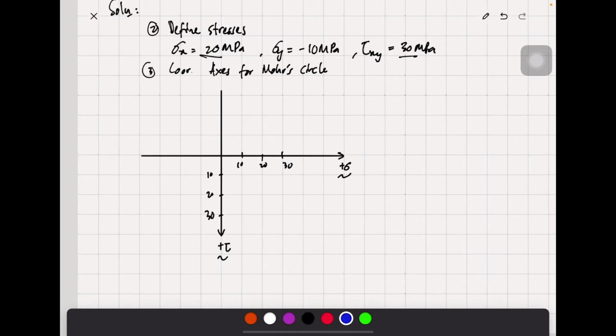So I'm going to locate my first coordinate over here, 20, positive 30 over there. That is my point A, for my first coordinate. I'm going to put on each side, locating that this is the 20, 30 coordinate.